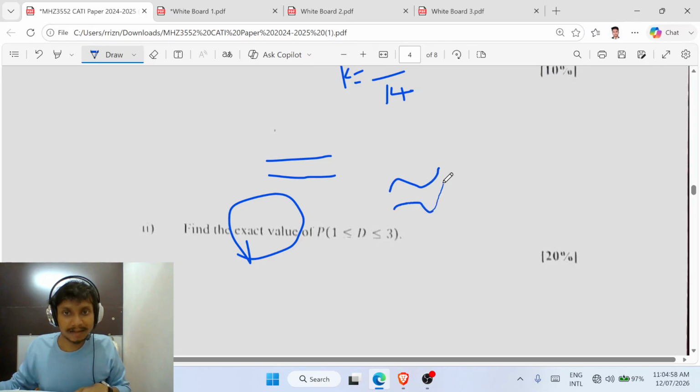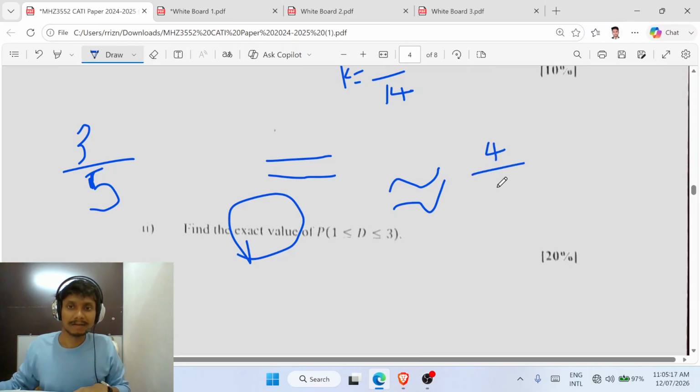We can't find the approximate value here. This is very important. If we get the final answer as a fraction, for example, please assume that the final answer is 3/4.